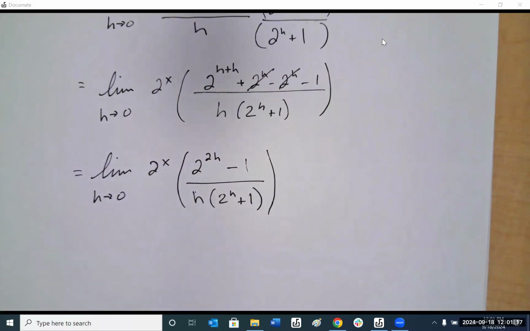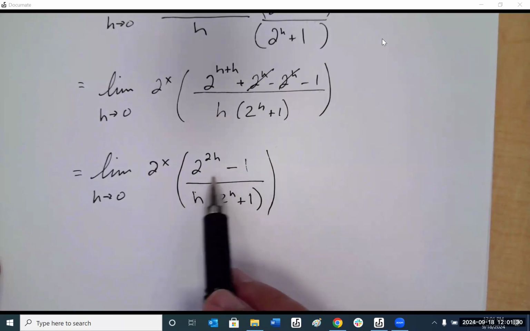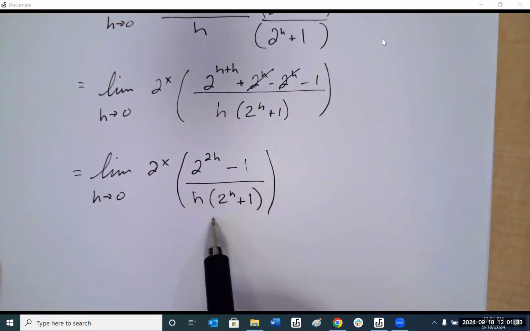Now what do we do? It's hidden in there. You just have to see it. This one? How?